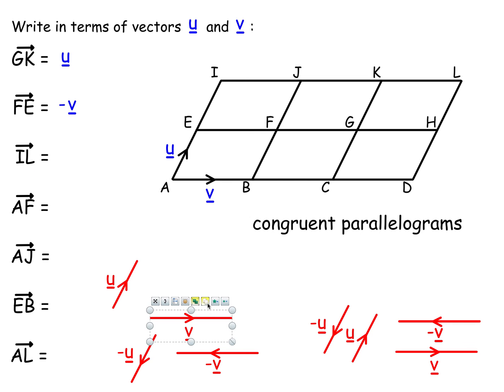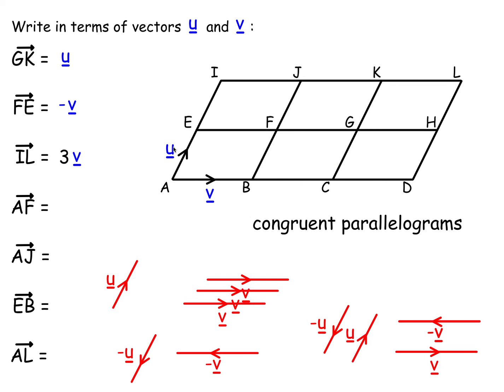IL. So we're going from I to L. So there's I to J, and there's J to K, and there's K to L. It's 3 V's joined together to get from I to L. So IL is 3V, 3 times V. For AF, to get from A to F, here's U, and there's a V joined on, and that takes you from A to F. It's a U plus a V. It wouldn't matter the route.